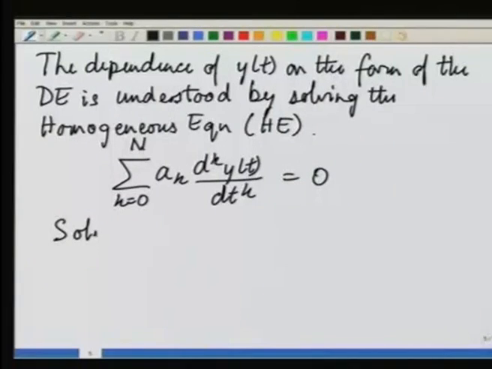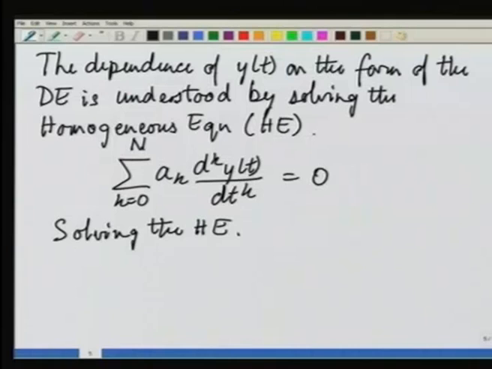So, irrespective of what input is applied, there are certain things about the solution that will depend upon the form of the equation alone, that is on the left hand part of the equation alone, and that is what we want to learn by solving first this equation. So, solving the homogeneous equation, HE for short.